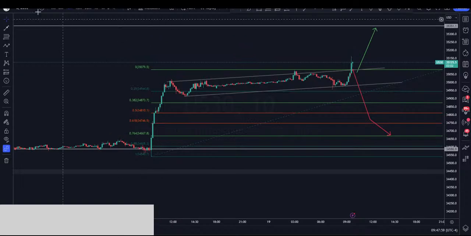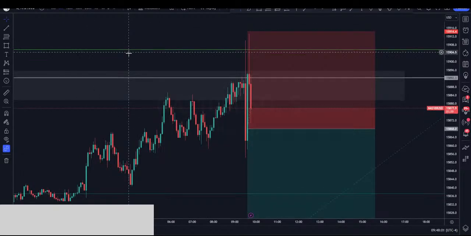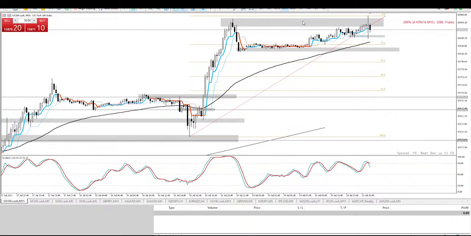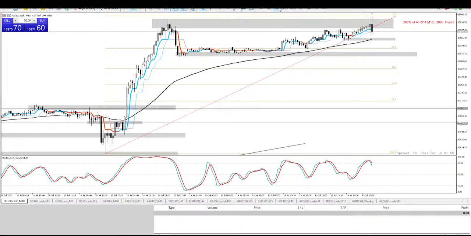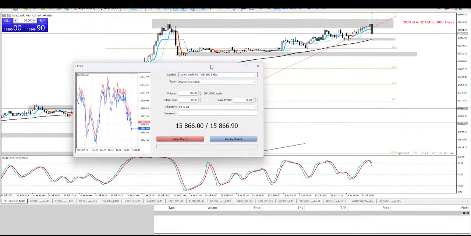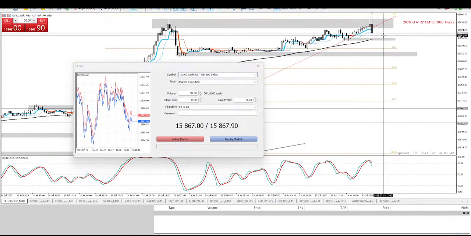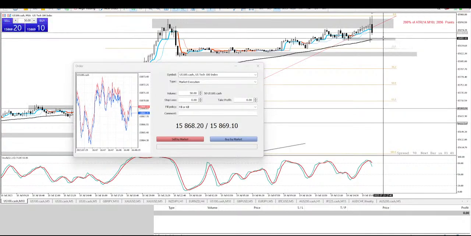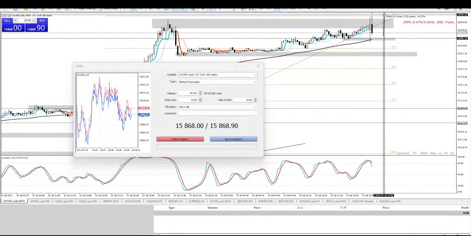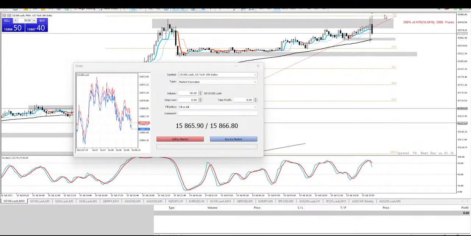US30 is still pushing here. If you do get a good close here, look for SL at 15,908.